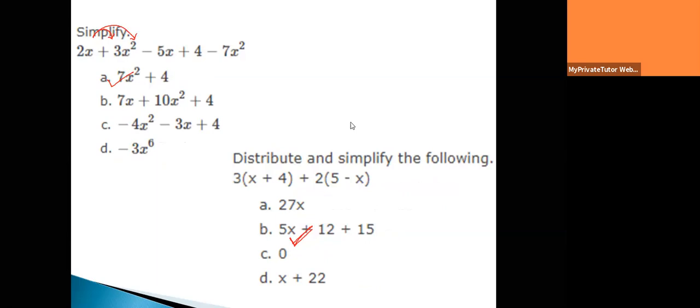Okay. I think the last set. Have a look at this. Simplify the terms. So you just need to combine like terms, right?